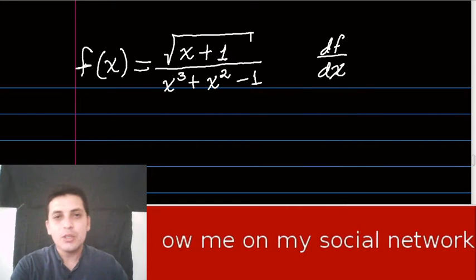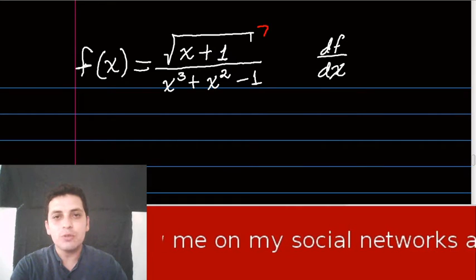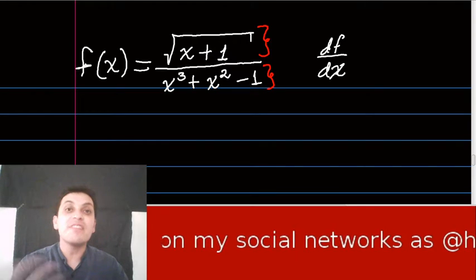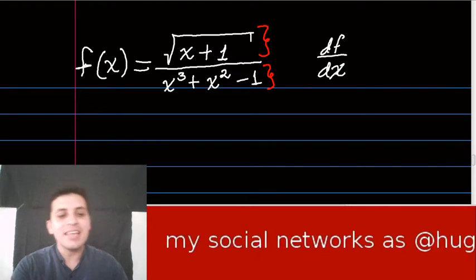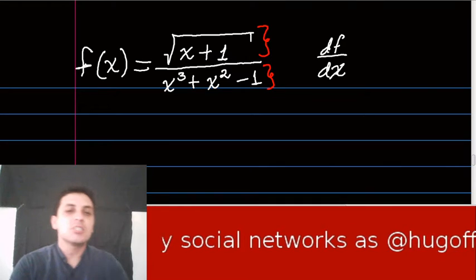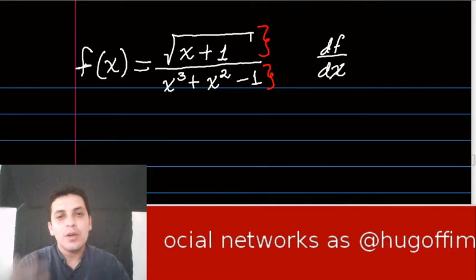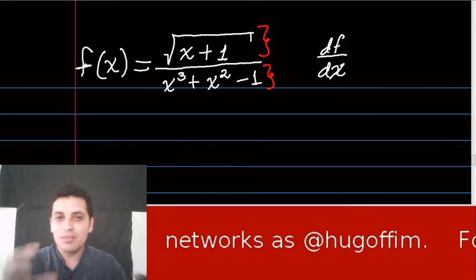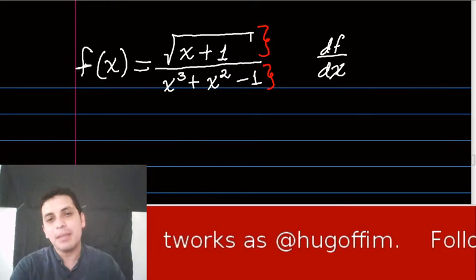So you can see here that we have two parts, like two different functions in a division. So what we're going to do now is to divide these functions, get the derivatives, and then apply the formula.